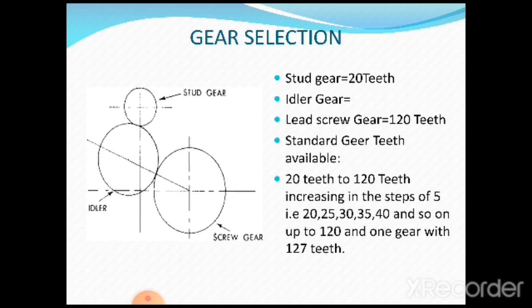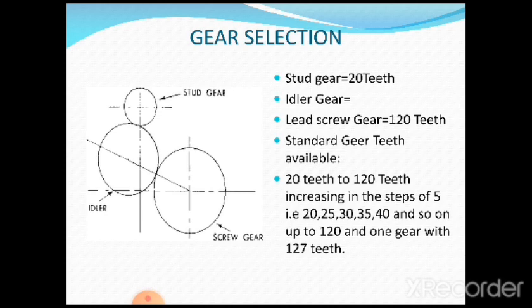The manufacturer of the lathe machine will provide gears with teeth starting from 20 teeth to 120 teeth. The first gear has 20 teeth, the second gear has 25 teeth, the third has 30 teeth, then 35, 40, increasing in steps of 5. This is given by the manufacturer himself.